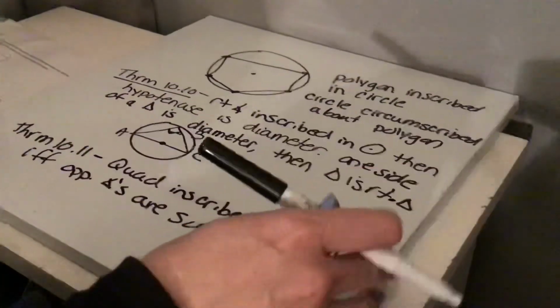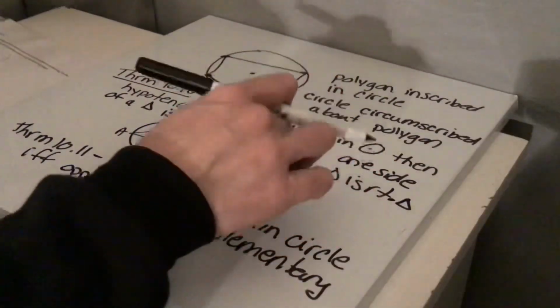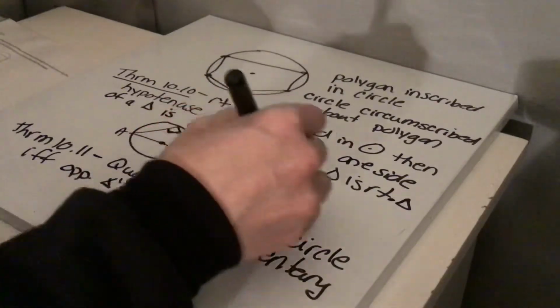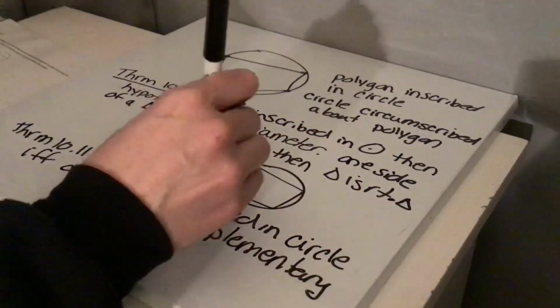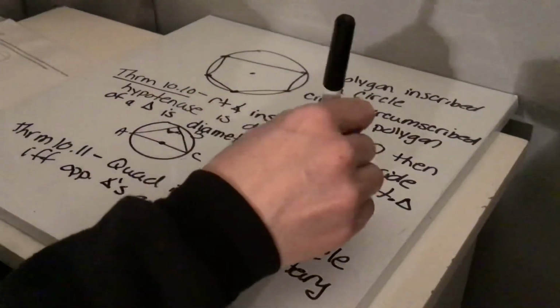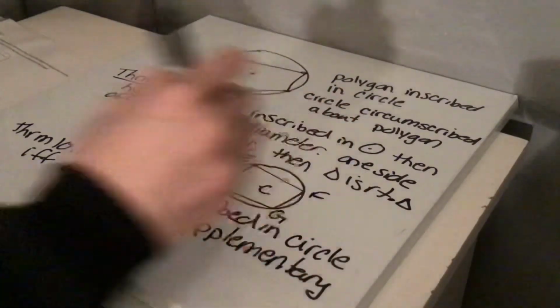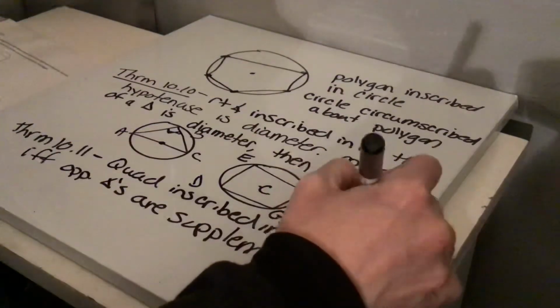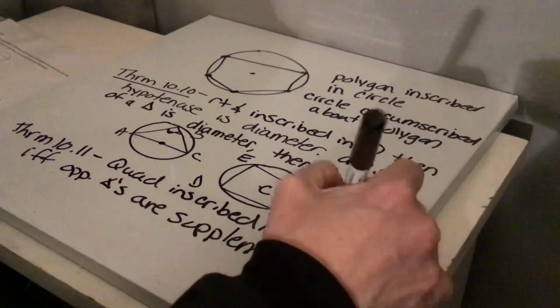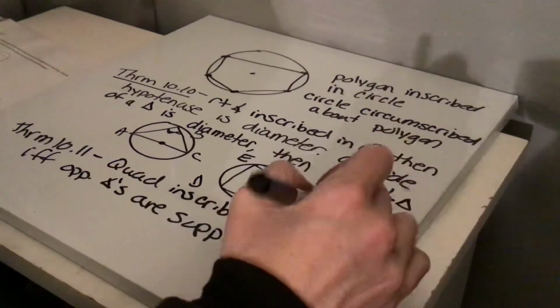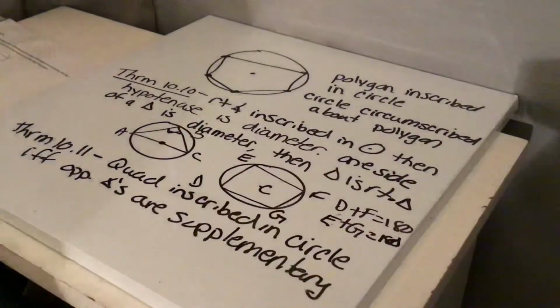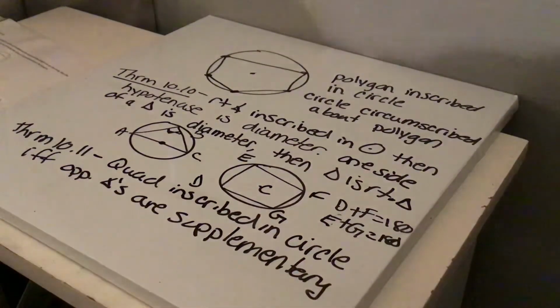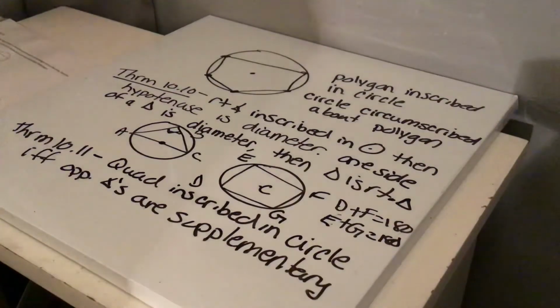I'm going to just put my circle up here for space, but it's theorem 10.11. Quadrilateral means four sides. Here's a four-sided figure. We're going to say this is D, E, F, and G, and here's the center. Opposite angles, so D and F: angle D plus F is 180, and E plus G is 180. That's what it means to be supplementary. If it's true, then the quadrilateral is inscribed in the circle. If the quadrilateral is inscribed, then you know opposite angles are supplementary.